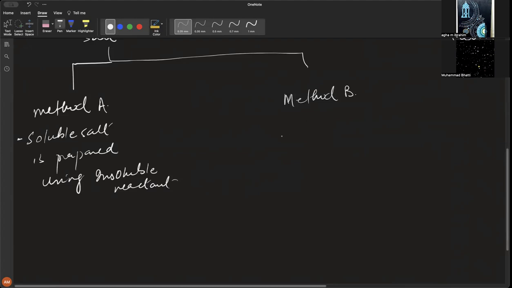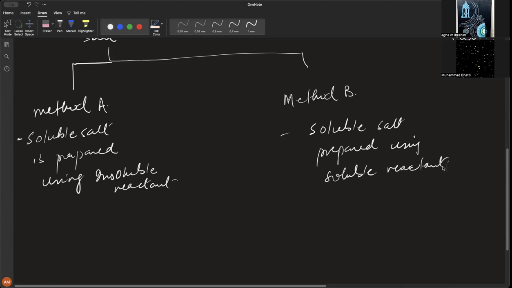And method B, it is a soluble salt prepared using a soluble reactant.